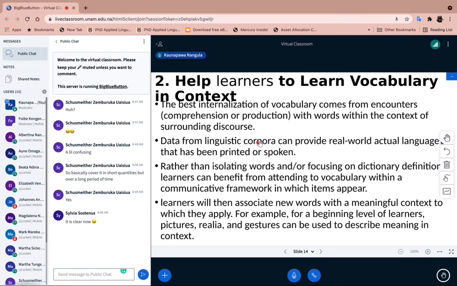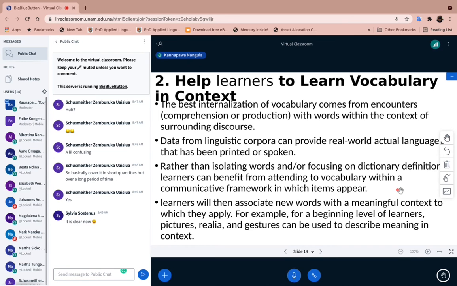Corpora helps the learners see the word in context, because we have so many rich resources where this word is used. Okay, so rather than just teaching this word in isolation or focusing on dictionary definitions, learners can benefit from attending to vocabulary within a communicative framework in which it appears.